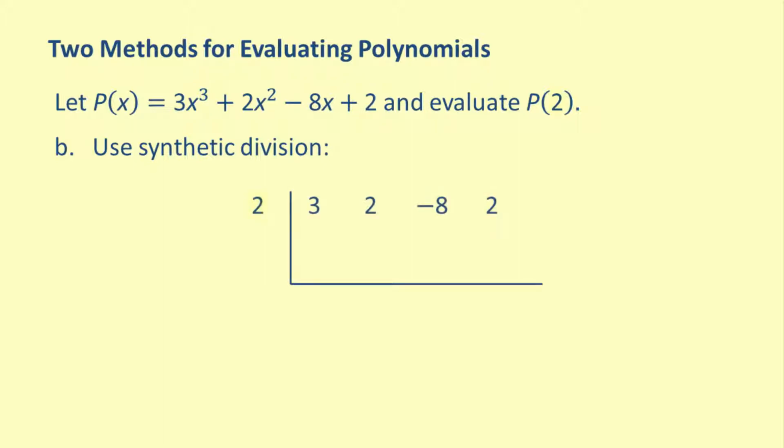Set up the synthetic division using the test point 2 and the coefficients of the polynomial 3, 2, negative 8, and 2. Carry down the leading coefficient, which in this case is 3, and continue the process of synthetic division.